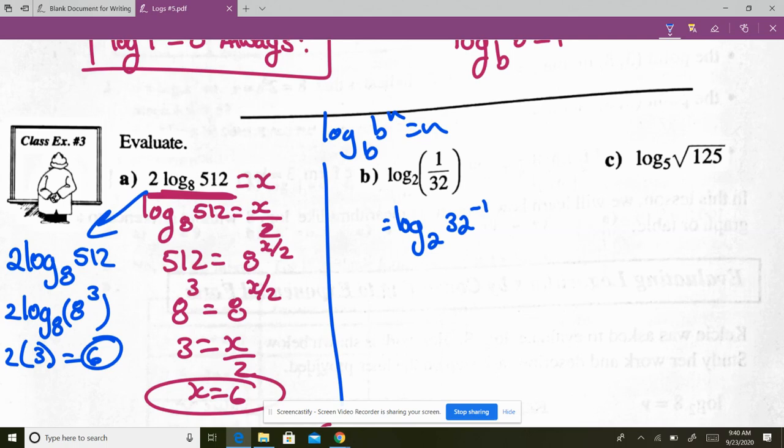Because when I look at this, I know the answer is -5. You can do it quickly in your head, but you will get to that point. So basically I'm saying, ignore the -1, how do I make 32 into base 2? 2 to what power is 32? 5.